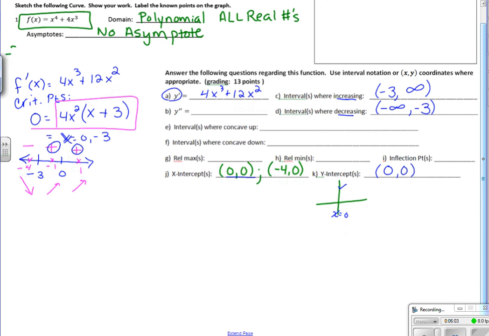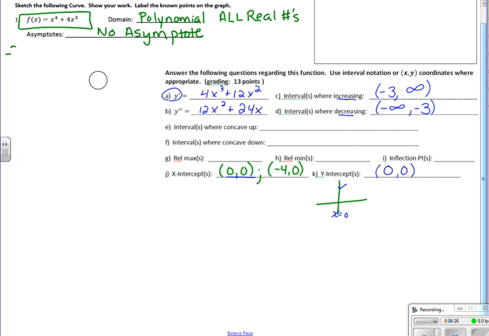Next, let's go into the second derivative. Second derivative would be 12x squared plus 24x. 2 times 12 would give me 24x. Now, from the second derivative, I can pick up possible points of inflection. So, y double prime equals 12x squared plus 24x.